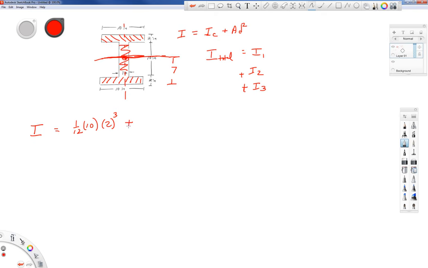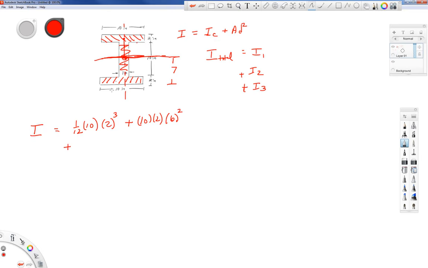Now we want to transfer that by multiplying it by the area, which is 10 by 2, times the distance between the centroid of this section and the centroid of the entire cross-section. It's 5 inches from here to the bottom of this flange, and another 1 inch. So that would make this 6 squared.